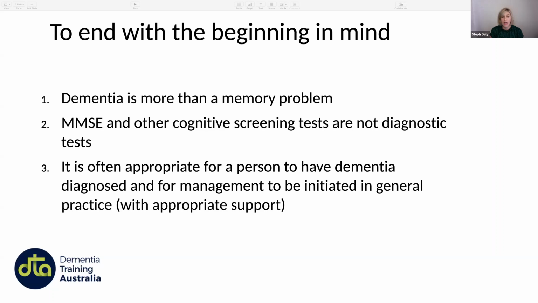Seek out other support, so make sure that you do get support from a geriatrician, psychogeriatrician, Dementia Australia, and other support teams, but really it is up to us to take charge and manage patients who are living with dementia in the community. Thank you for listening.